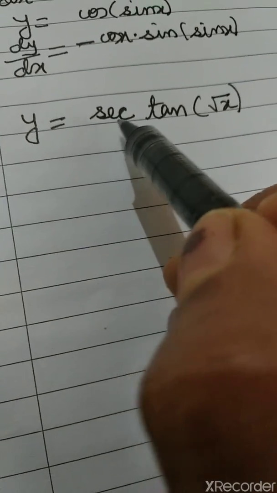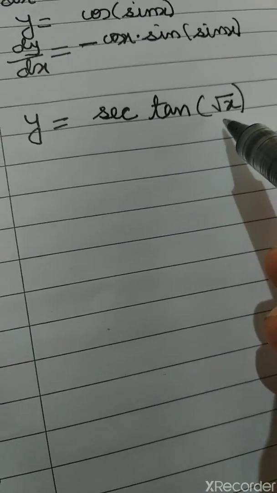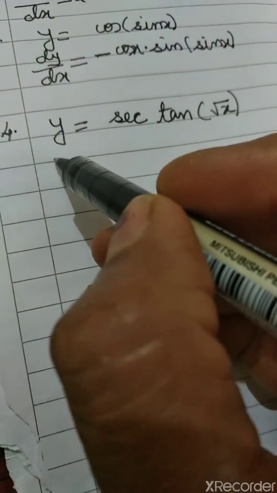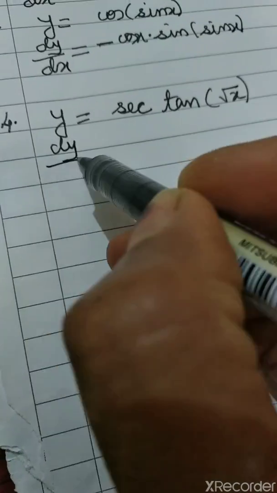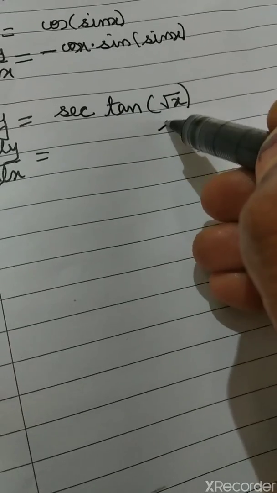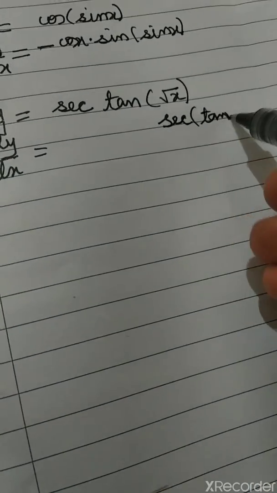It's read as sec of tan of root x. So its derivative comes out to be, first, the derivative of sec function. The derivative of sec x is sec x tan x. So we'll write it this way, sec of the expression that you have attached to it, sec of tan root x, sorry, this is tan of tan root x.